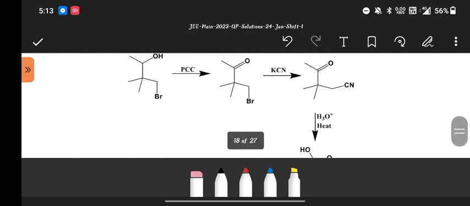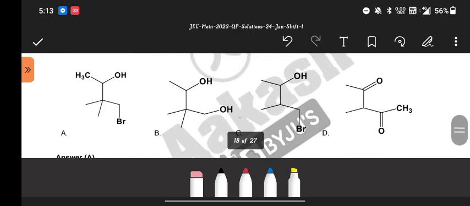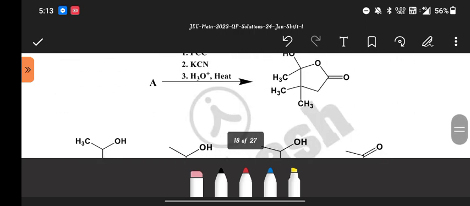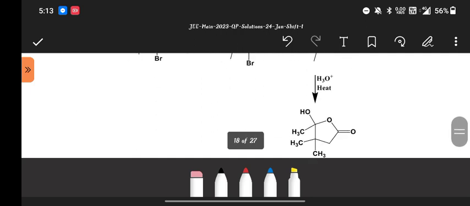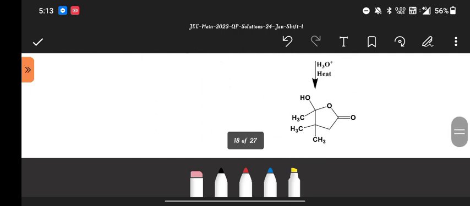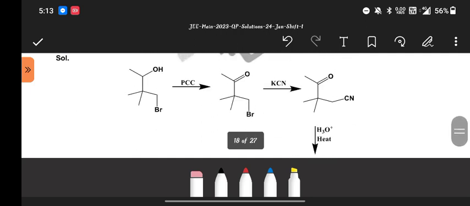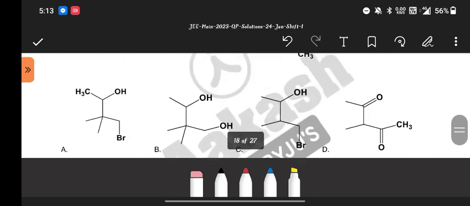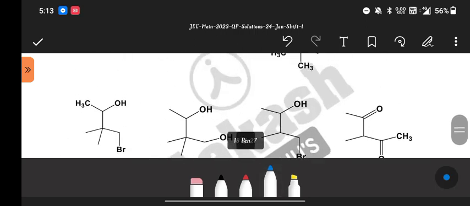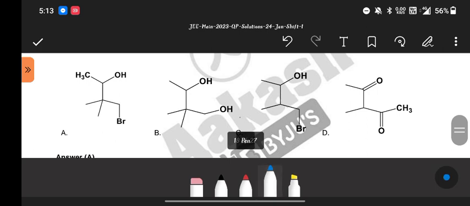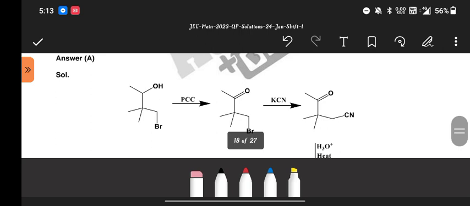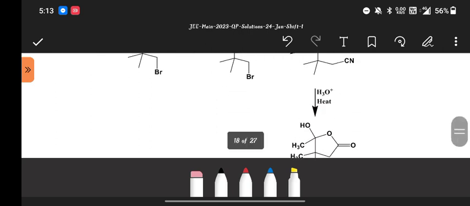Option A, OCH3, it will become OCH3 or CH3 is there. See here, it will become like this. So therefore the correct answer is option A here. Reaction you can see out there. Once I show you, it will be like this, then it will become OBr, then OCH2, H2 like this.